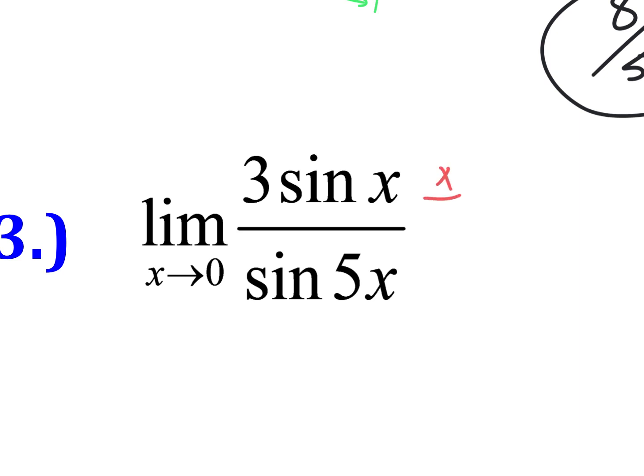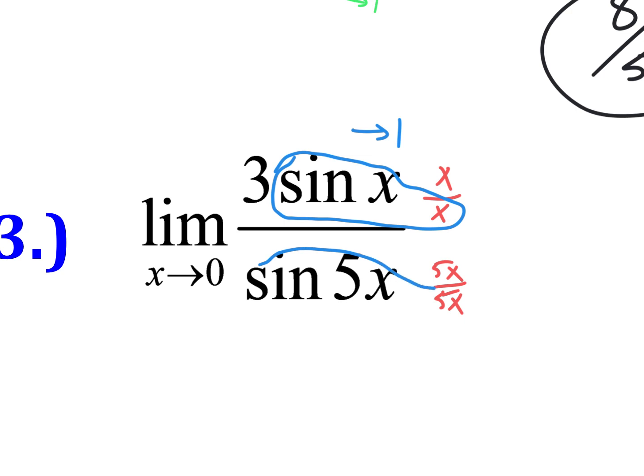I'm going to multiply this top by x over x, because now I get that sine of x over x that I wanted, which approaches 1. Down below, I'm going to multiply by 5x over 5x. Because what that does is it gives me a sine of 5x over 5x, which approaches 1.